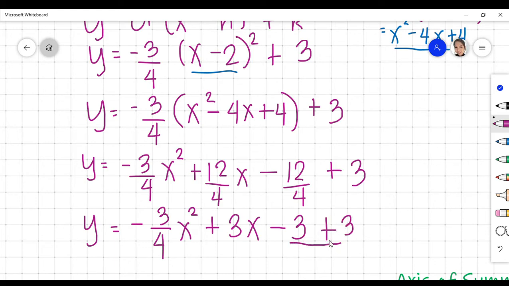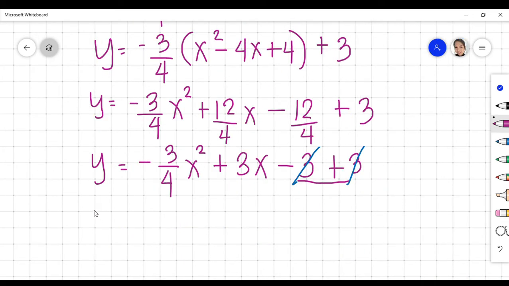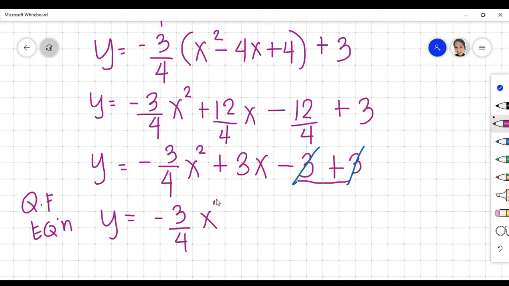The last portion can also be combined. So, since negative 3 plus 3, that is 0. Cancel na natin yan. So, that's cancelled. Because 0 yan. Therefore, our quadratic function na equation is equivalent to y equals negative 3 over 4 x squared plus 3x.